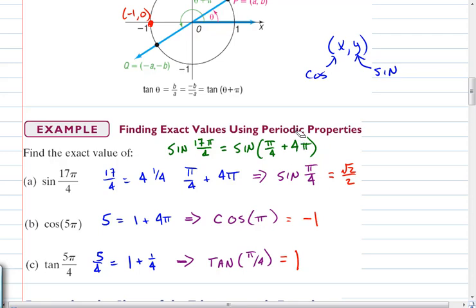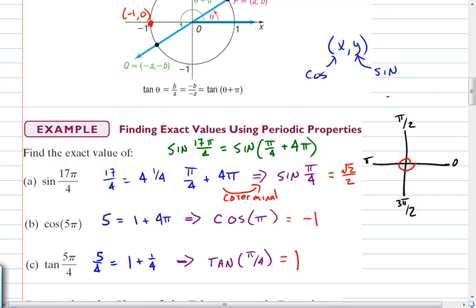But 4 pi is going to be coterminal, because this is an addition of two revolutions around the circle. Sine of 17 pi over 4 is coterminal to sine of pi over 4. That's where I went from the blue to the purple. From blue to purple, what I mean is from here to here, these are going to be coterminal. I go around the circle, starting out.